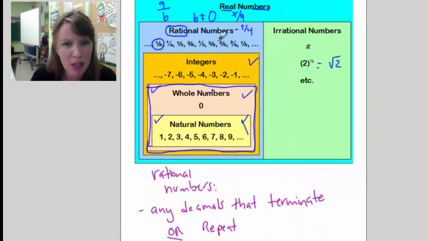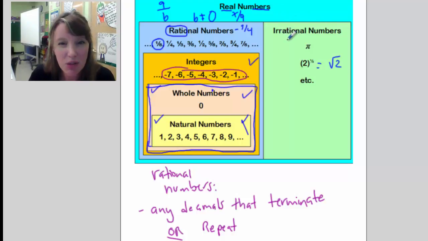Okay, so for rational numbers, it's anything that's a ratio of two integers, like we said before. So it can be a over b, where b is not equal to 0, and a and b are integers. Okay, so they're the set of numbers here.